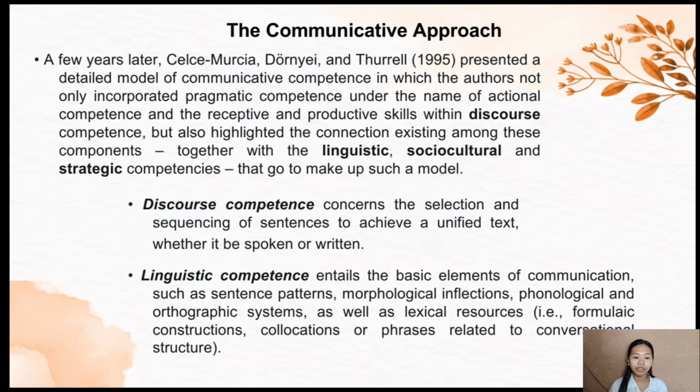After Bachman, a few years later, Celce-Murcia, Dörnyei, and Thurrell in 1995 presented a detailed model of communicative competence in which the authors not only incorporated pragmatic competence under the name of actional competence, so we now have here the actional competence, and the receptive and productive skills within discourse competence, but also highlighted the connection existing among these components, together with the linguistic, social-cultural, and strategic competences that make up such a model.